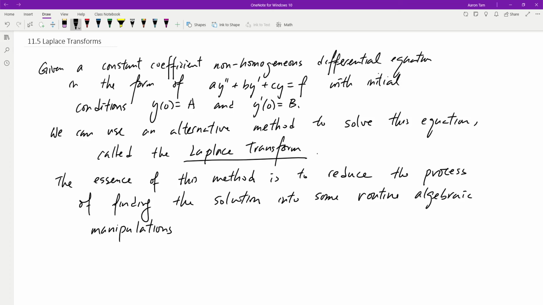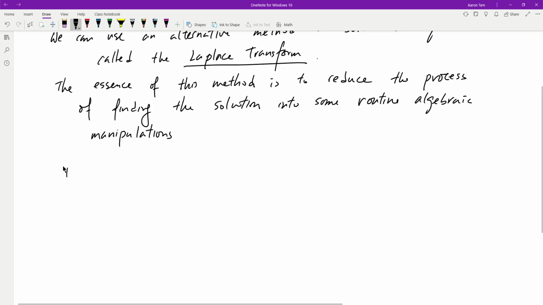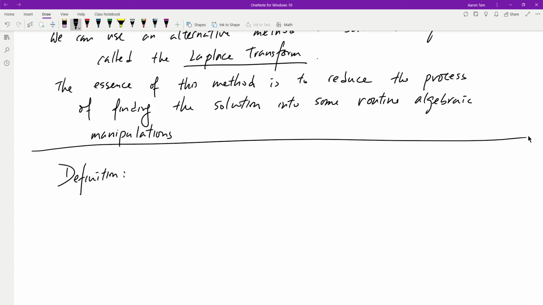In order to use this method, the first thing I need to do is define what a Laplace transform is. Definition. So this is what Laplace transform says.